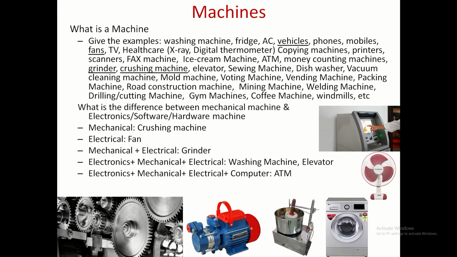There's a combination of mechanical, because there are gears involved, right? So naturally, there's a combination of mechanical and electrical, or maybe, right, some smartness in the system, like a washing machine. It is mechanical, electrical, as well as electronics, because there are some programmable devices.